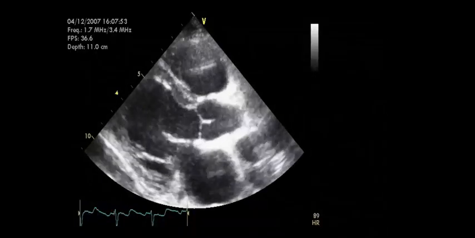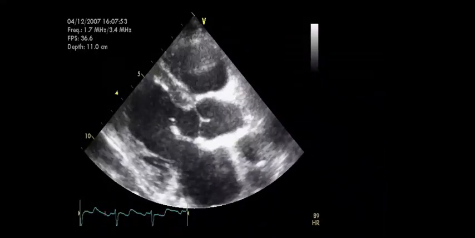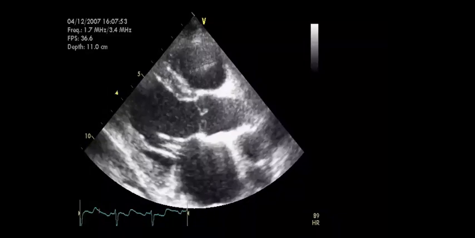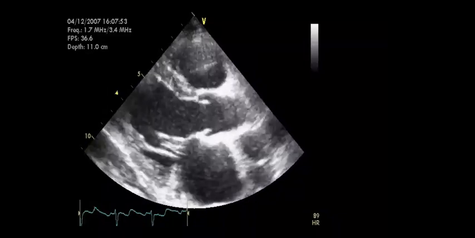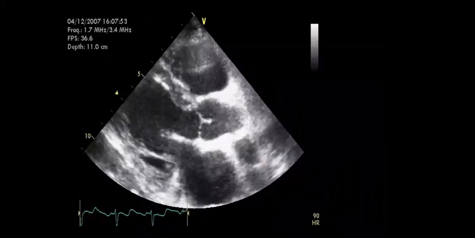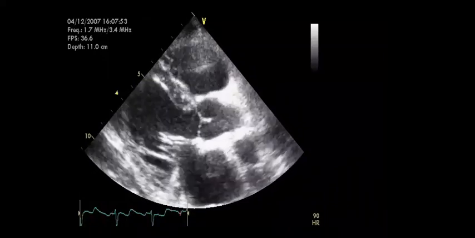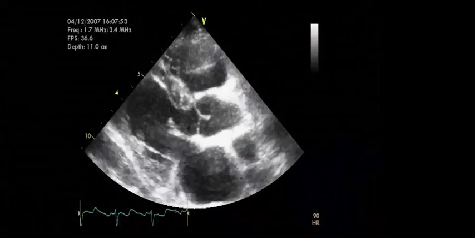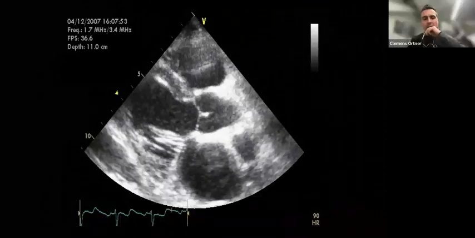I'm just looking at the sizes of the ventricle and the atrium, and the atrium looks almost like maybe 80% the size of the ventricle, so I assume that's pretty big for a normal person. Yes, I think that's good.